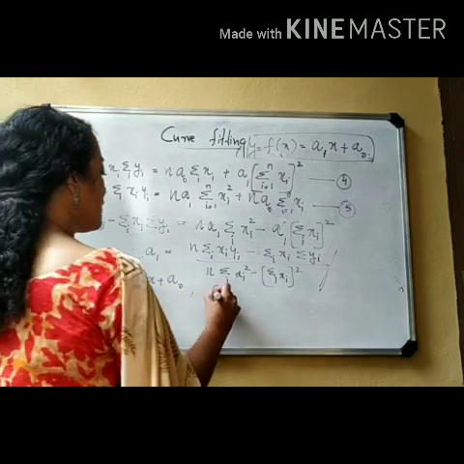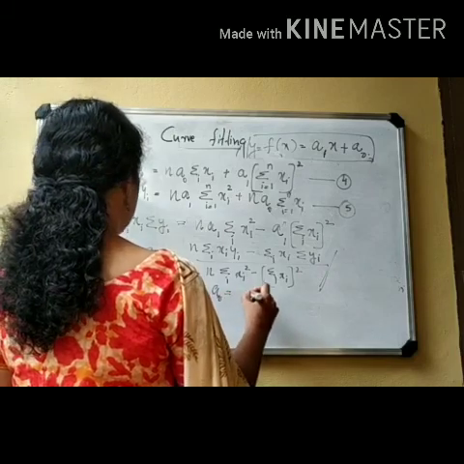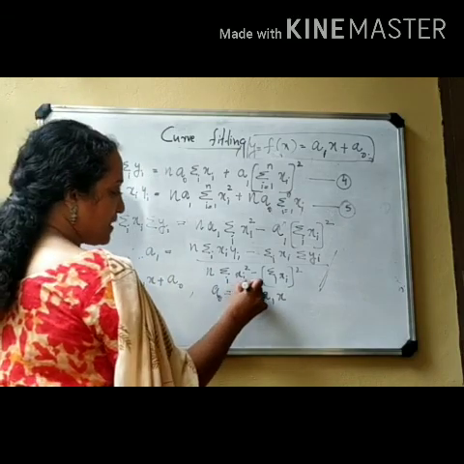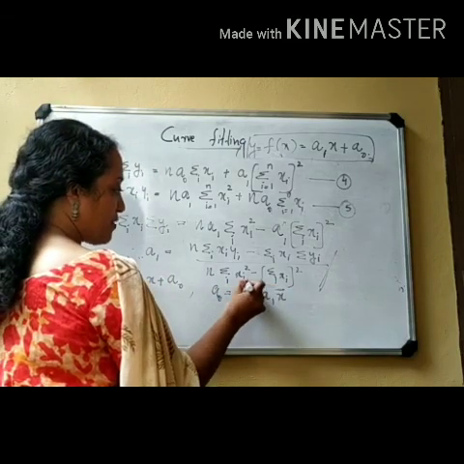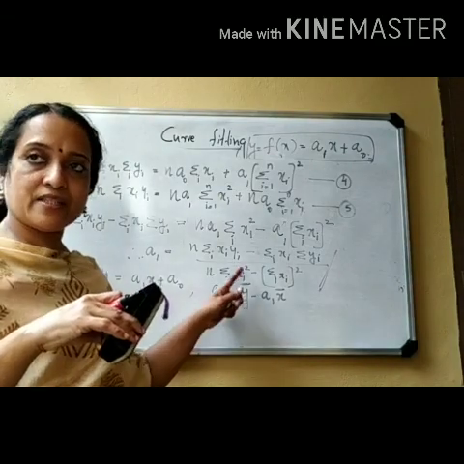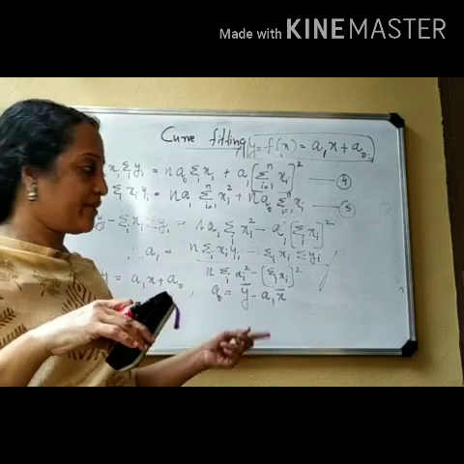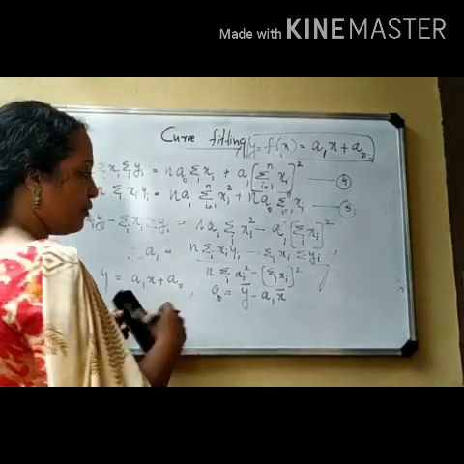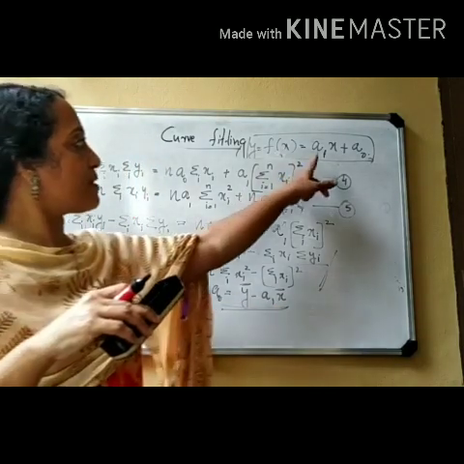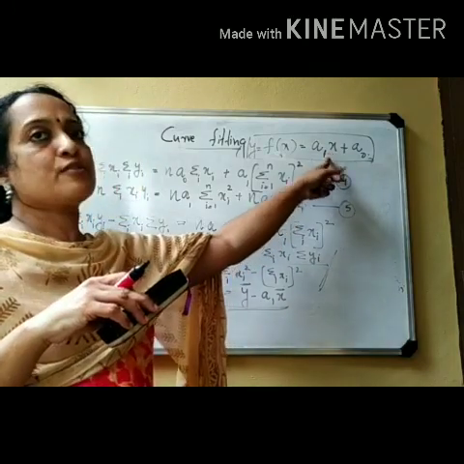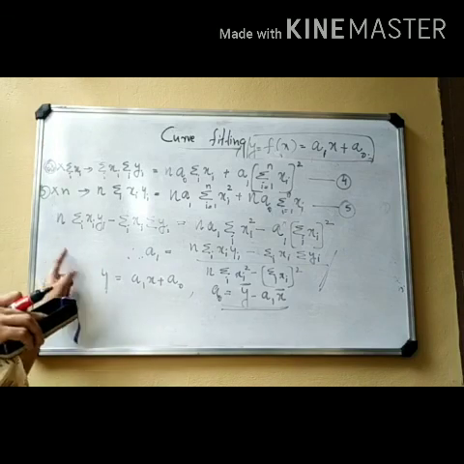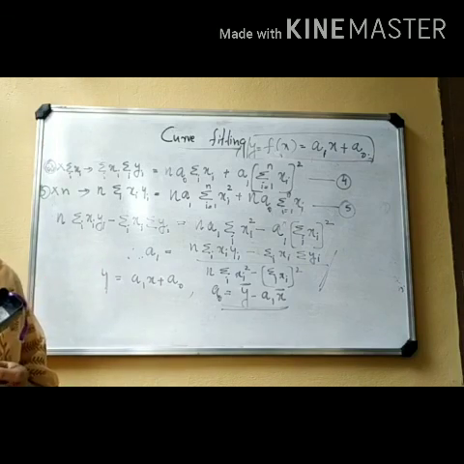So that a0 will be equal to y bar minus a1 x bar. For this we will generally take the average value or mean of the given x and y values. Y bar is the average of the given y values, and x bar is the average of the given x values. So from this we can calculate a0 also. Once we get a1 and a0, we can substitute these values so that we may find the y value corresponding to any x value using this least square curve fitting technique.